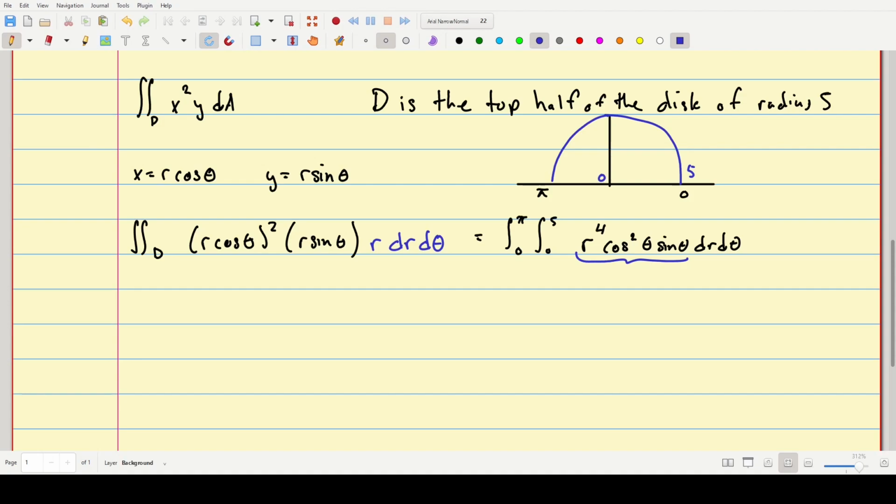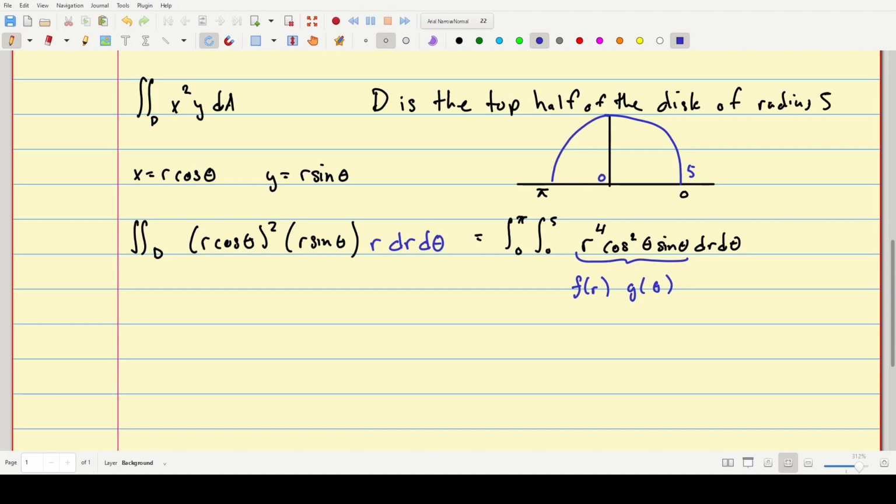A separable integrand means that it can be written as a product of a function that only depends on one of the variables times a function that only depends on the other variable. So there is a function of r here and a function of theta here that's being multiplied together. This makes it easier to evaluate the integral because I can separate the integral into a product of integrals.